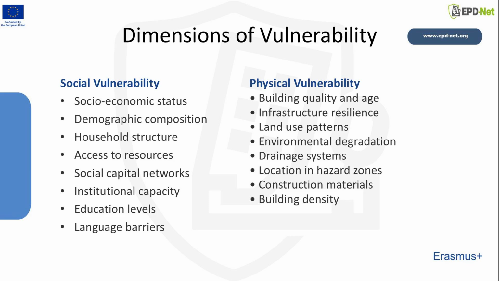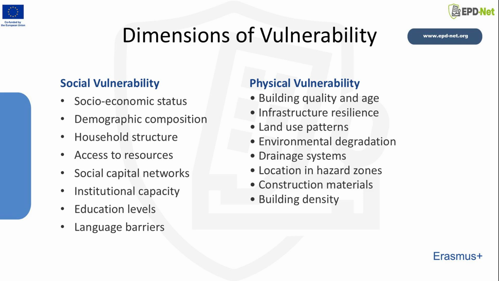Urban vulnerability encompasses both social and physical dimensions that must be comprehensively addressed in vulnerability assessments. Social vulnerability refers to the inherent characteristics of individuals and communities that fundamentally influence their capacity to anticipate, cope with, resist, and recover from hazardous events. Key social vulnerability factors encompass socio-economic status, demographic composition, household structure, access to critical resources, social capital networks, institutional capacity, educational attainment levels, and language barriers that may impede access to emergency information and services.